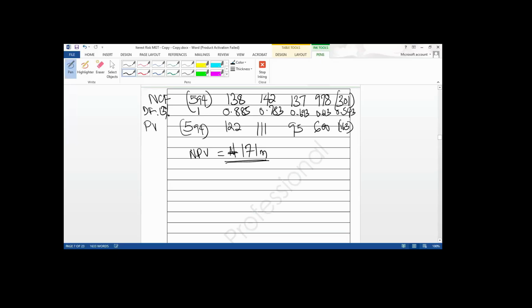The evaluation shows that from the Naira perspective, the project is financially viable. Holding all other factors constant, we recommend that this project should be accepted.